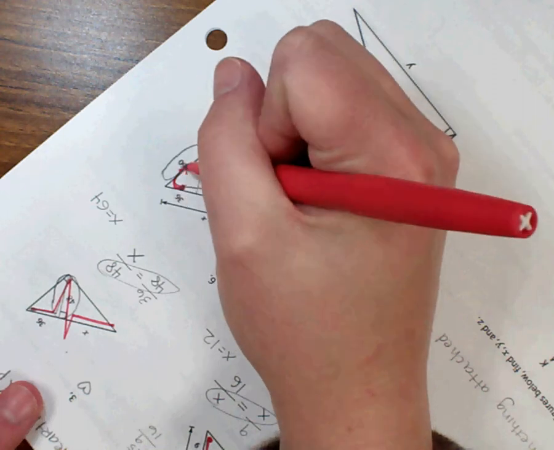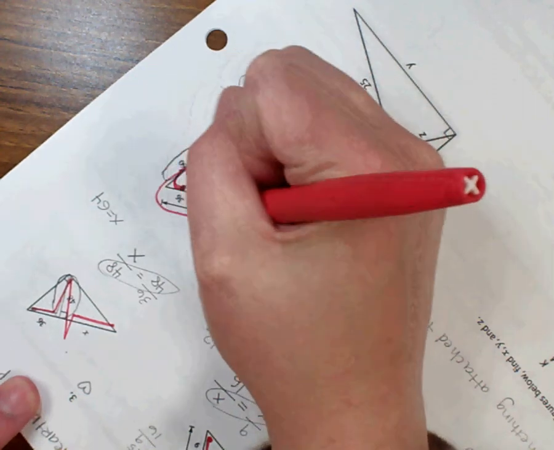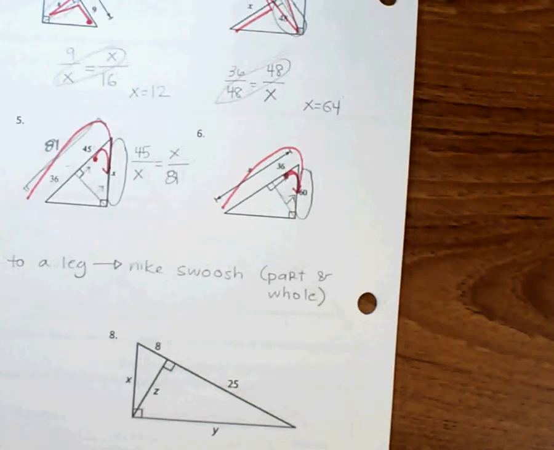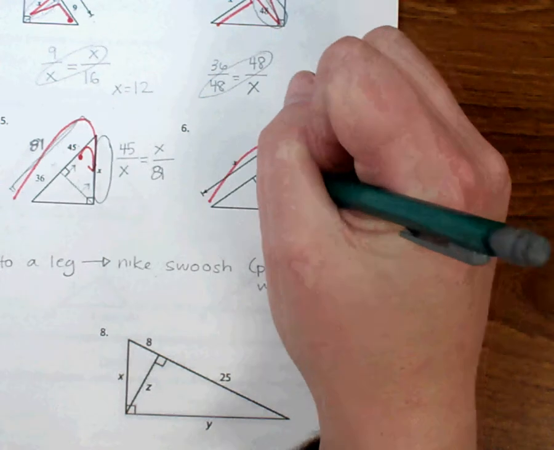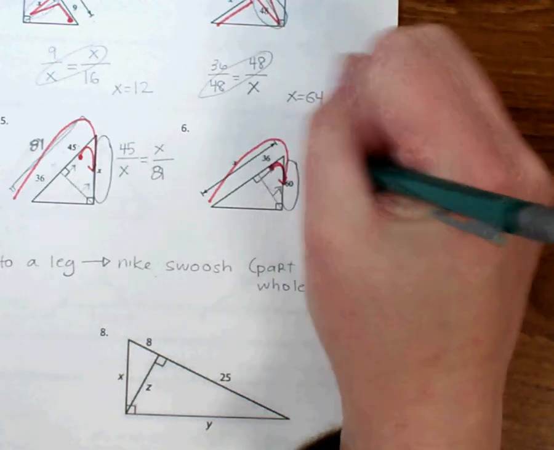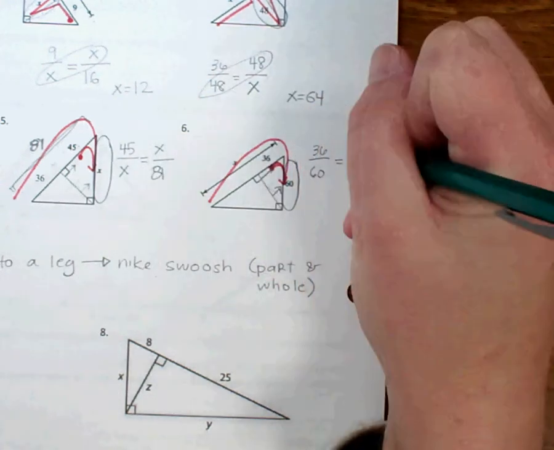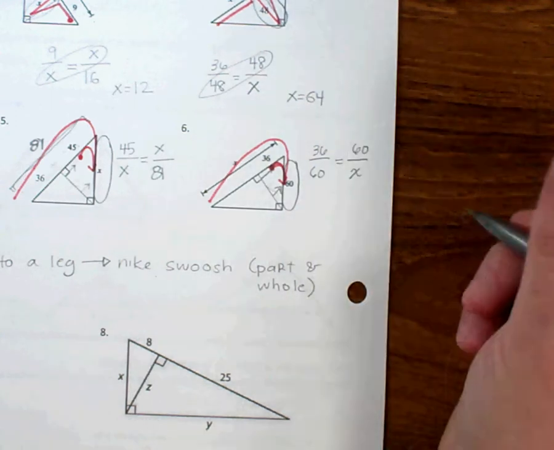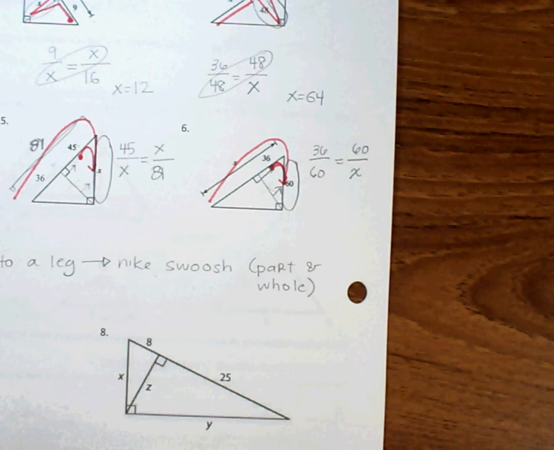So part up the leg, back down the leg, and across the whole hypotenuse. When I turn back around, I start at 36, go to 60, and then 60 over the whole hypotenuse, which is x.